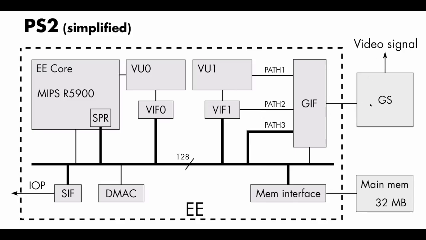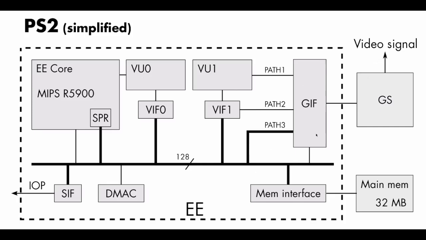With that you send the geometry and textures and so on to do the drawing, and it generates the video signal. And there is the DMA controller, which really ties the whole thing together. It's really important to know what the DMA controller does, and to build DMA chains to shuttle around all sorts of stuff.